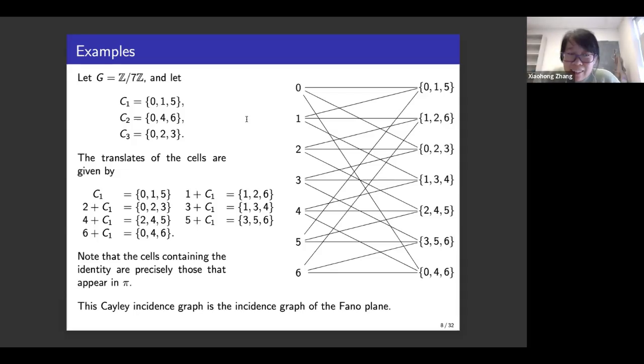So for each Cayley incidence graph, you can define the related Cayley graph, and then you can get the eigenvalues. In general, we just take the union of all the cells and then take away the identity, and you get the Cayley graph. This allows you to compute a spectrum.